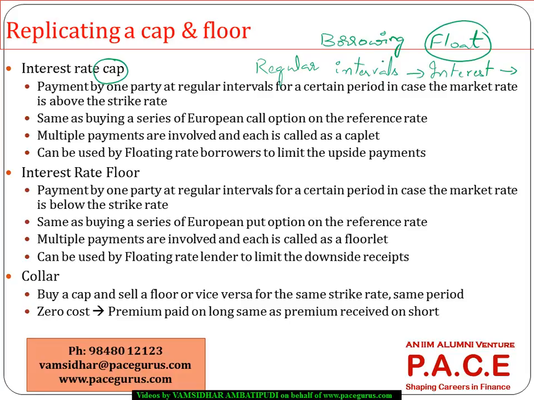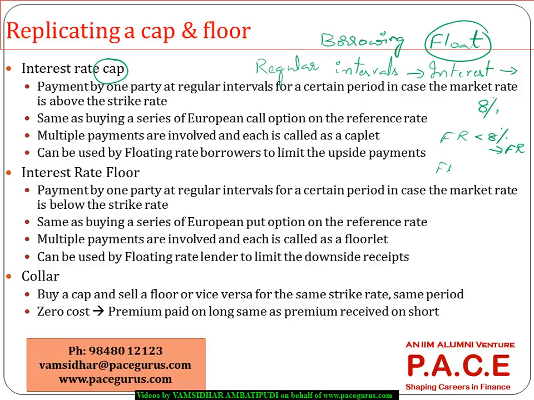Rather than that, if I take a cap, let's say I have set the cap at around 8%. It's as good as saying, if the floating rate is less than 8%, I'll still pay the floating rate itself.